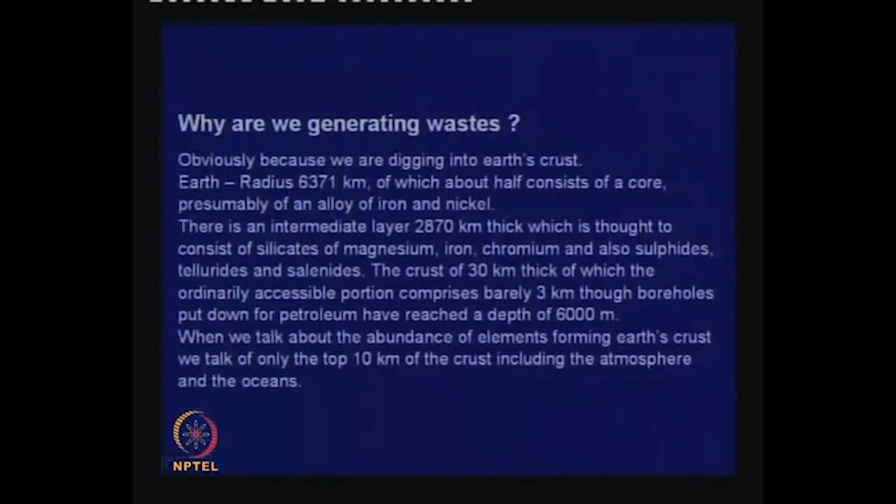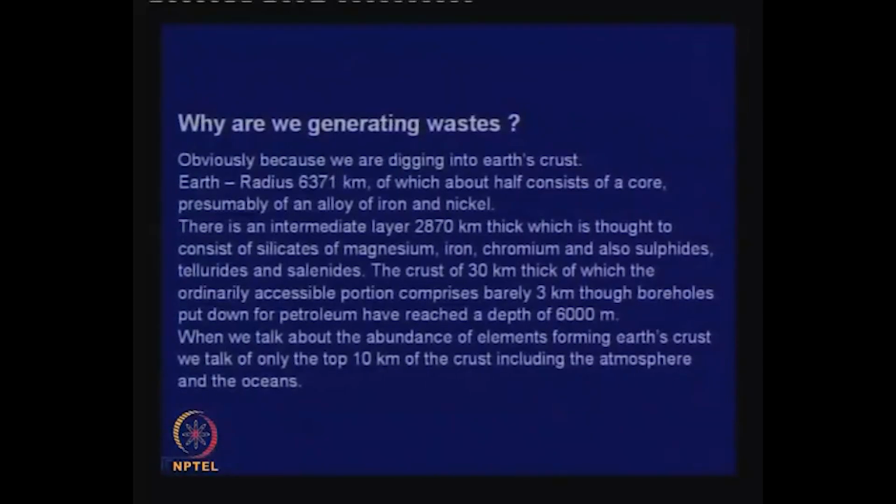And all that we are doing is coming by exploitation of resources of materials that are available on the crust of earth, which is a few kilometers thick. Below that, as of now, we really cannot go.